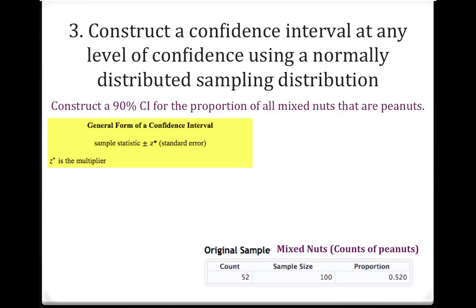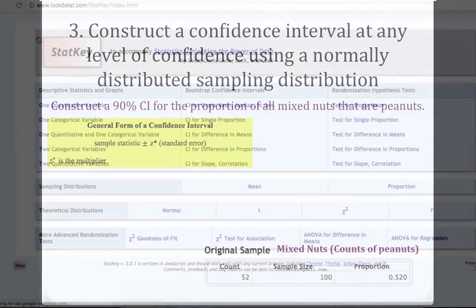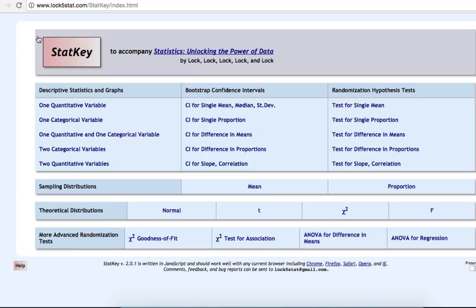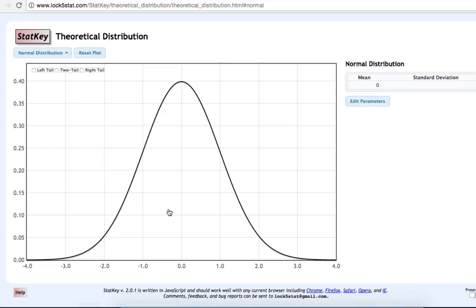The z multiplier for a 90% confidence interval we can get using StatKey. In StatKey, I'm going to construct a normal distribution. I'm going to construct a z-distribution with a mean of 0 and a standard deviation of 1.